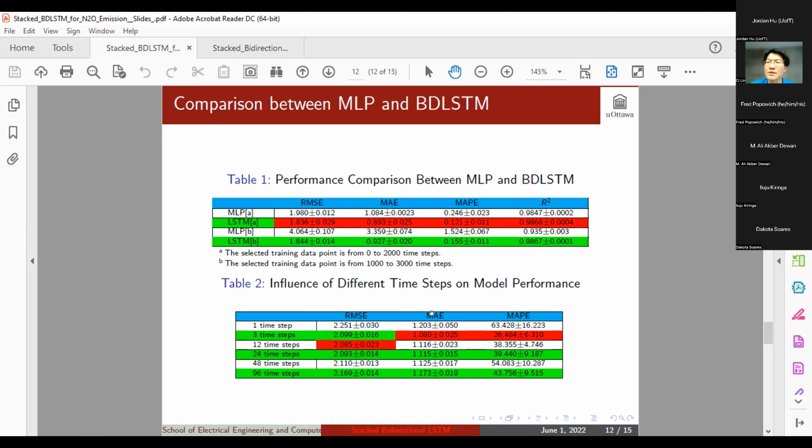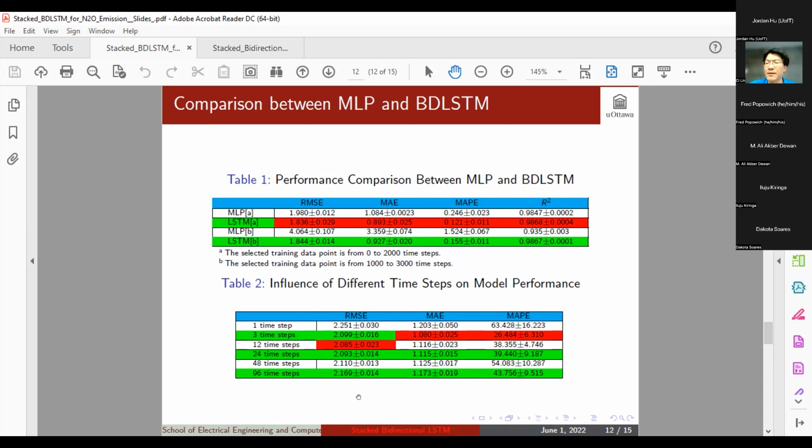And then we also study how different timestamps impact the model's performance. We can see that the LSTM model is not quite sensitive to the timestamps we choose. We ran the experiment for 1 timestamp, 3, 12, 24, 48, and 96 timestamps.